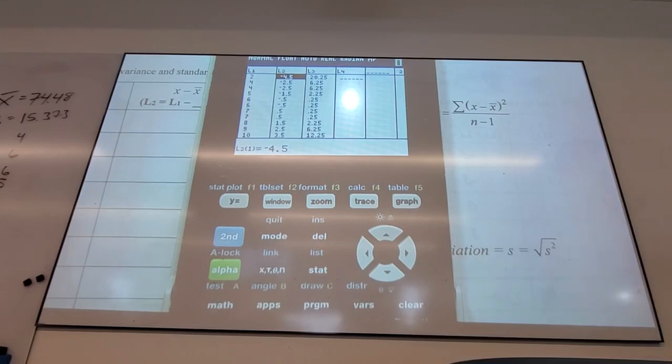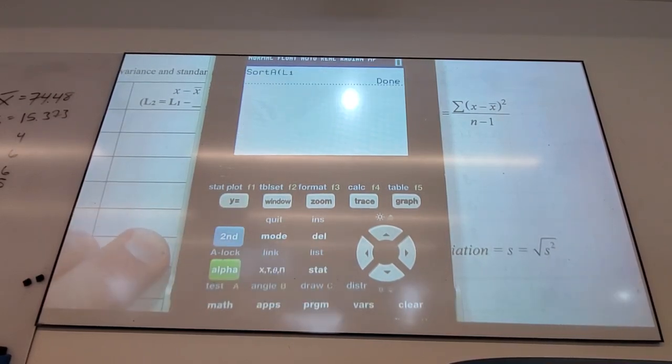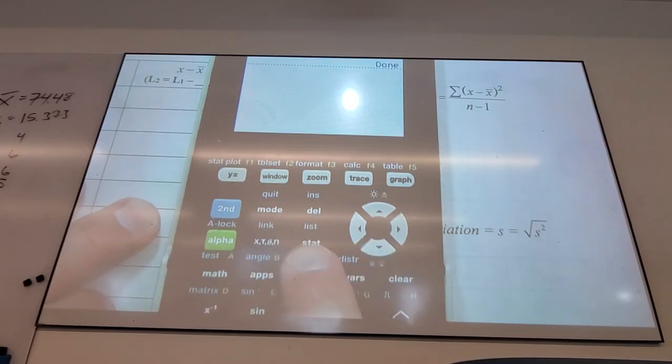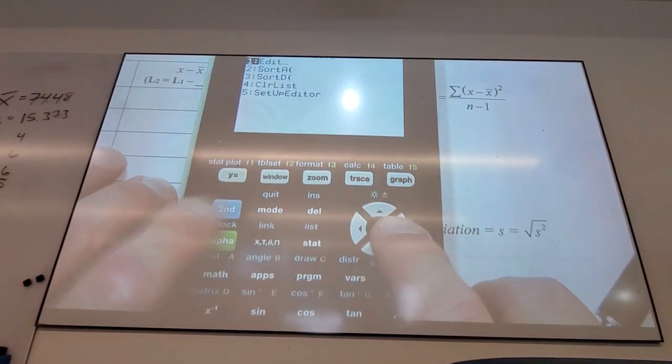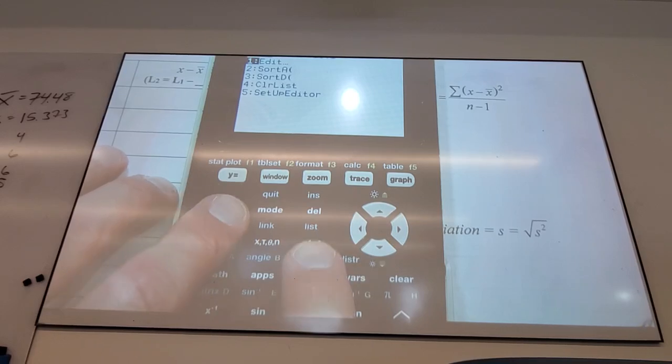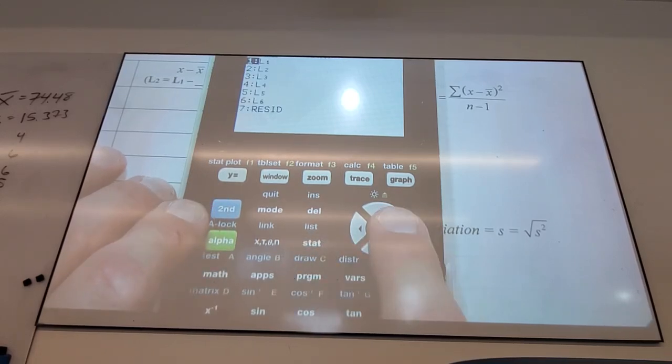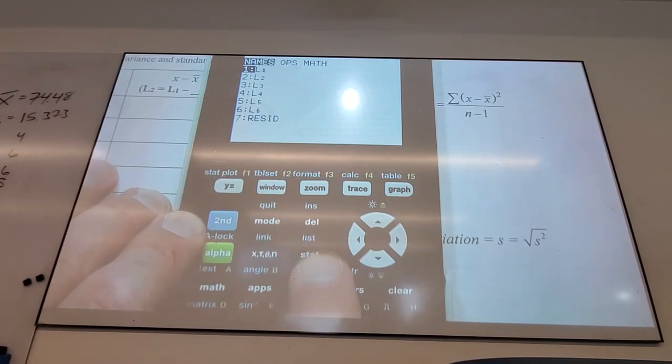So here's what you got to do. Get out of the list. Hit second mode to quit. What did we just say? I wanted to sum up a list, correct? So if you go to second stat to list, yes? See above stat where it says list?